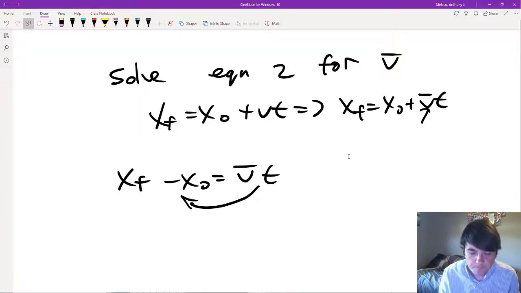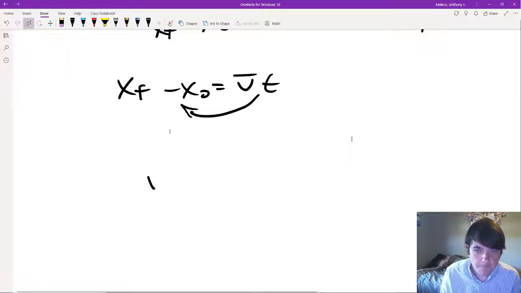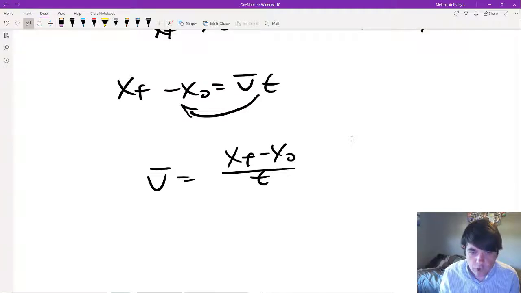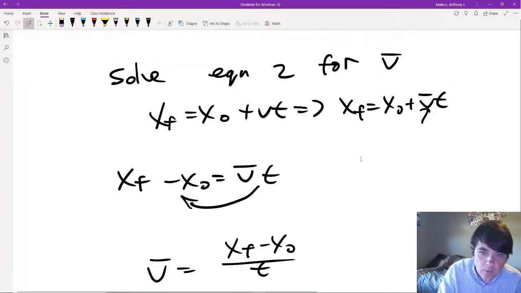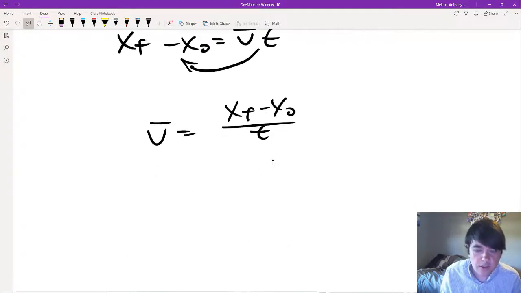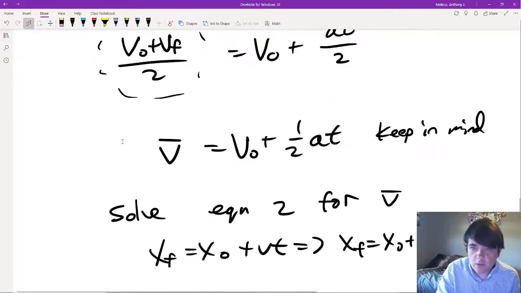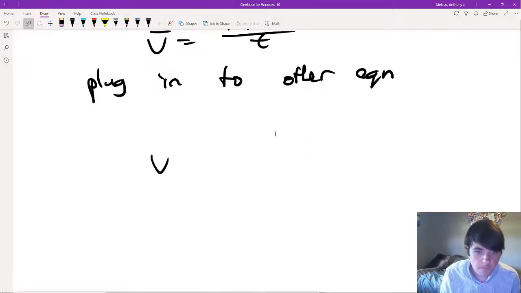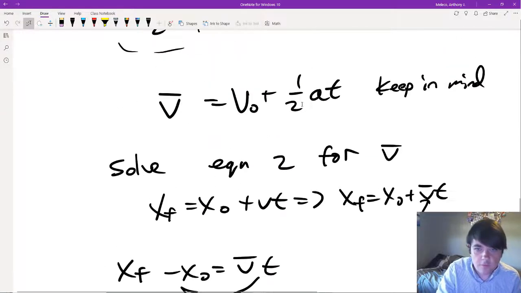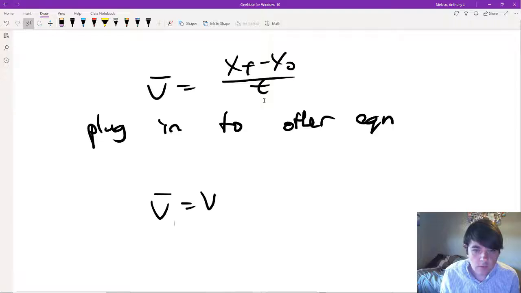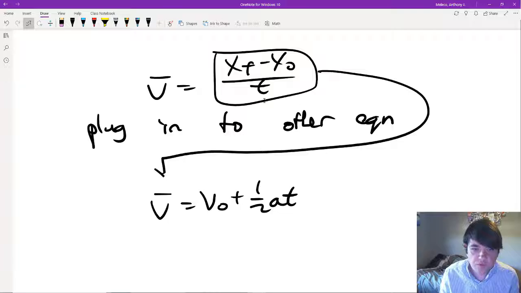We're going to divide by t, so we're basically getting back our velocity, and now we're going to plug that in. Right here, v bar equals v initial plus 1/2 at. We're going to take this and slot it in right there.